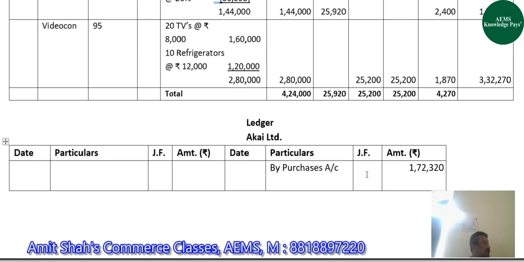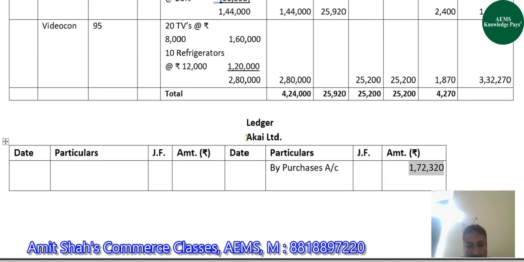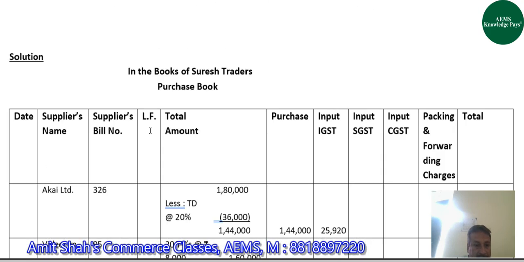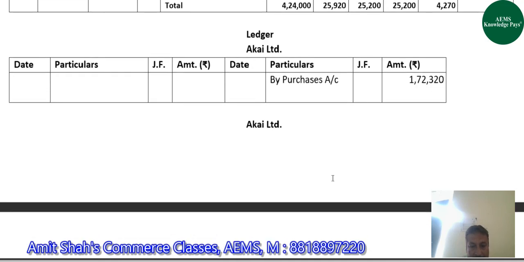Have you got me, guys, or not? I'm asking all guys. It means the business has to pay 1,72,320 to Akai Limited for purchase of goods. The same way, the account of Videocon would also be made.